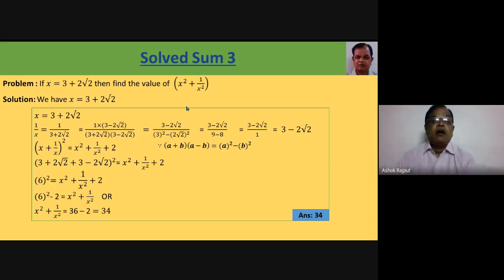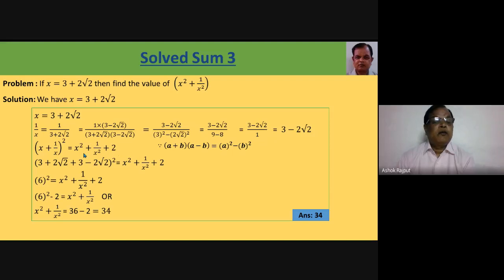We want to find the value of x square plus 1 upon x square. So we use this identity: x plus 1 upon x whole square is equal to x square plus 1 upon x square plus 2x into 1 by x. Here x and x we cancel, so here will remain only 2.